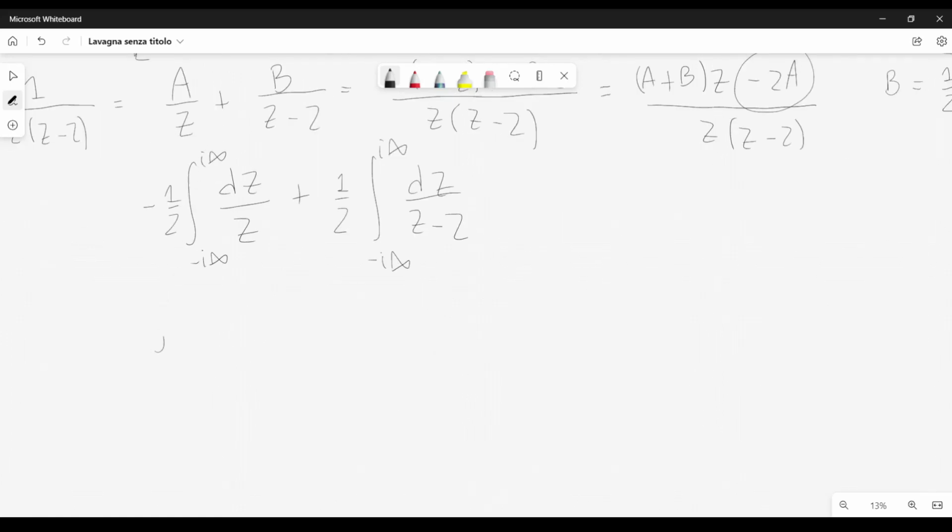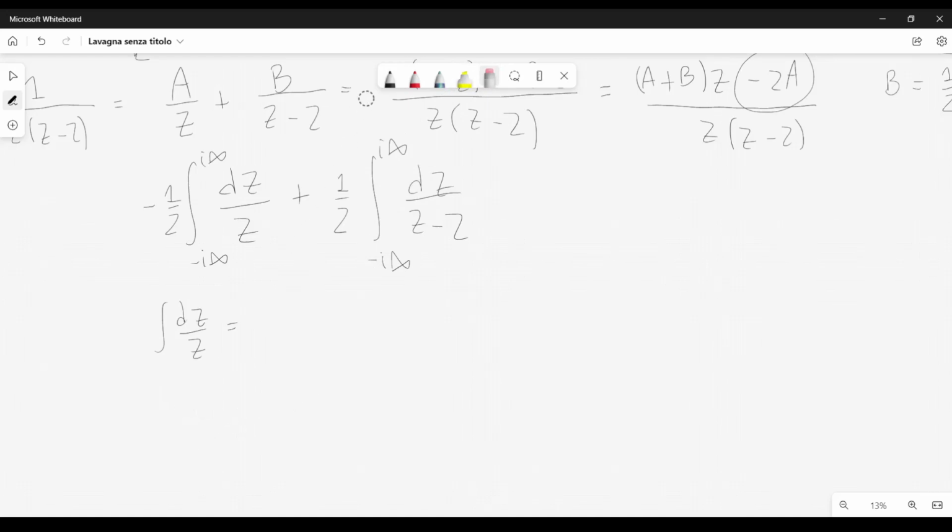Now the integral of dz over z is equal to the logarithm of z, and we can show this actually. It's not so obvious because z is a complex variable, right? We know that in general, if x is a real variable, the integral of dx over x is the logarithm of the absolute value of x plus a constant, okay, but that's the main point.